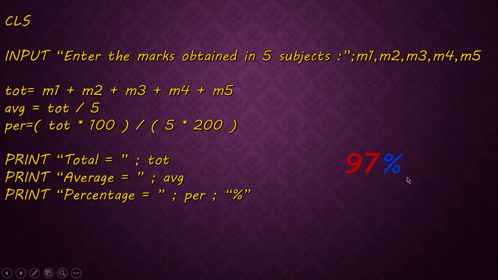So in order to display this symbol, I have utilized it here. The value computed in the percentage variable will be displayed, and after the value the percentage symbol is also shown. This is how it is done, and finally my program ends.